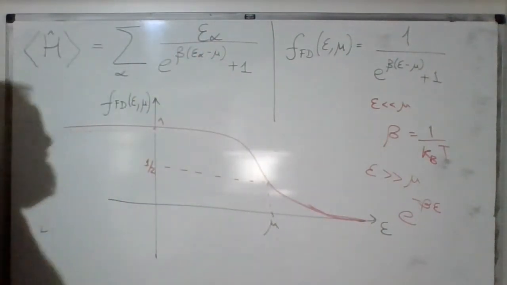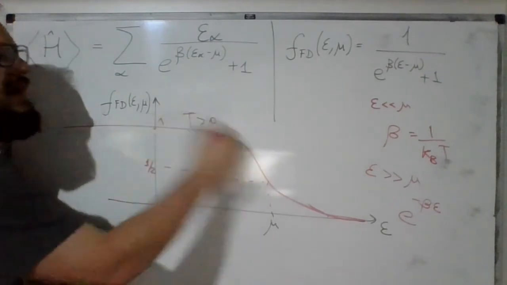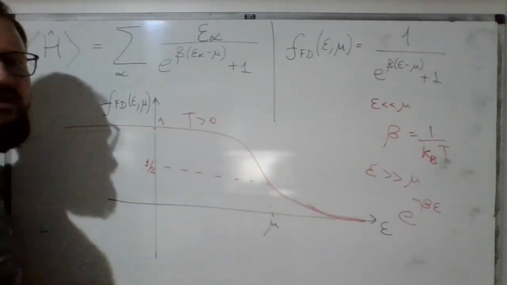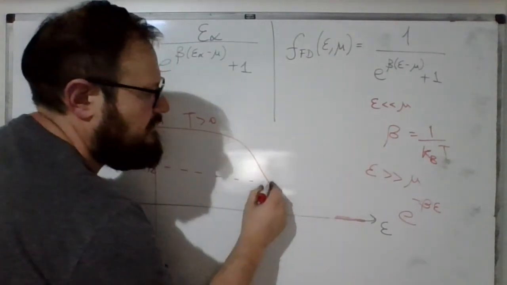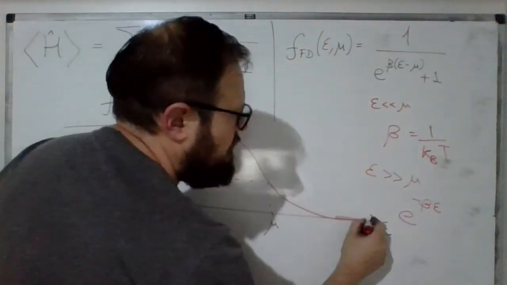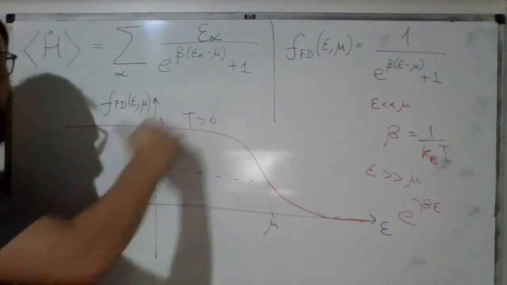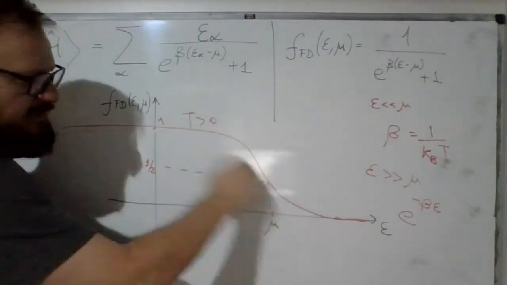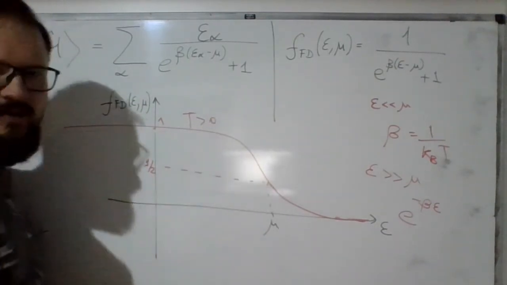Okay? For a finite temperature, you have a smeared function here. Okay, you have something like this to be more realistic here, but this graph decays to 1/2 exactly at the chemical potential.